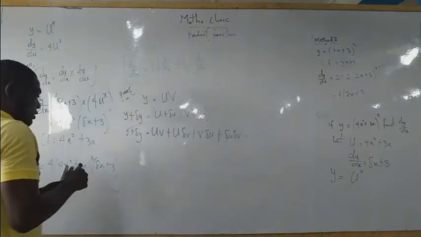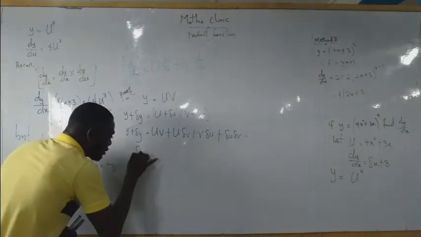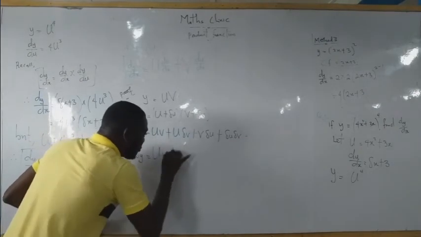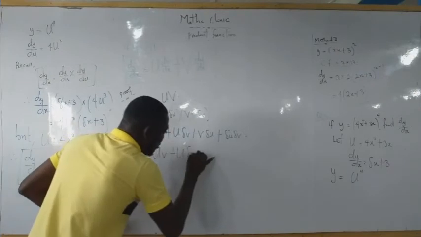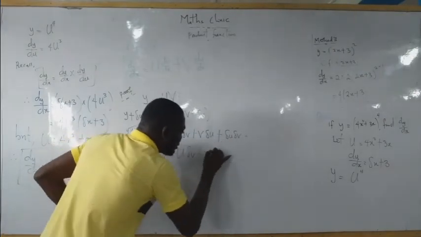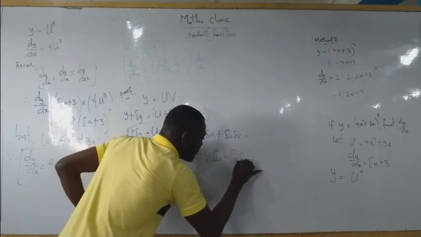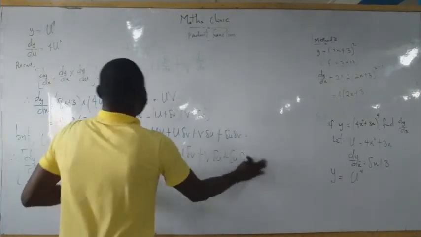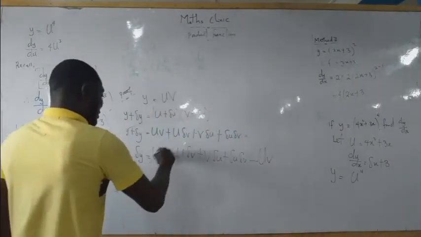That becomes dy, that's changing y, equals uv plus u dv plus v changing u plus du dv minus y. What's the value of y? y is uv. This and this will go.